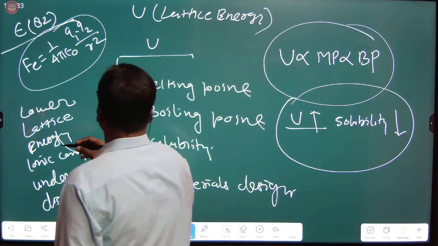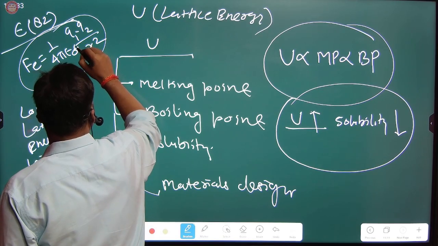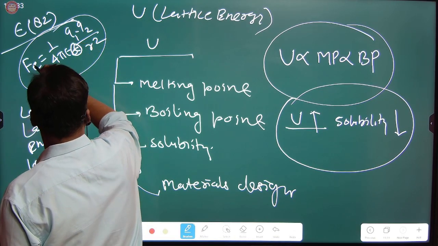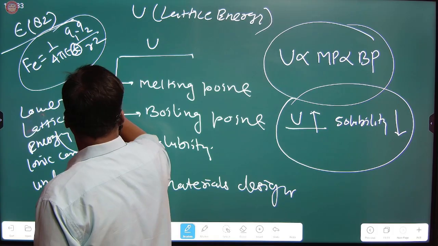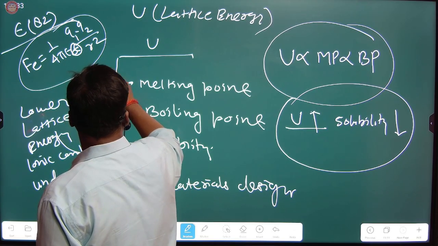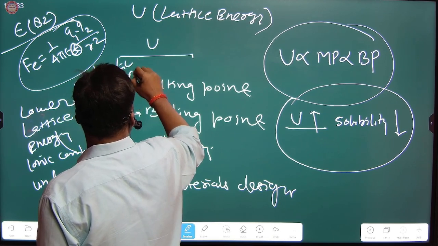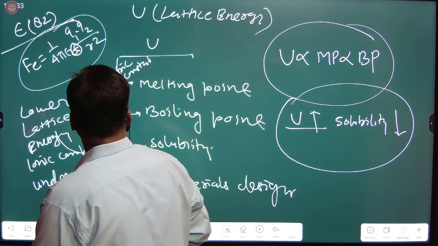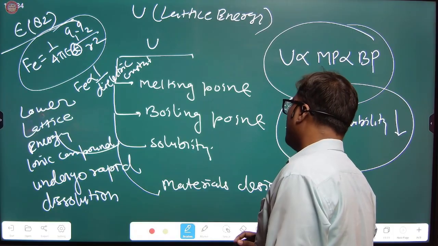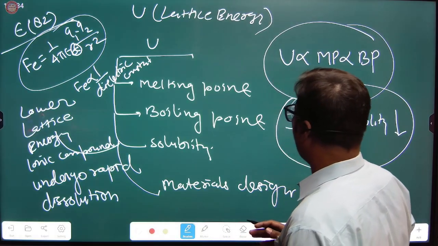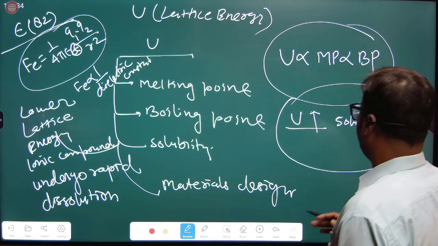So if epsilon is very high, it is inversely proportional to the electrostatic force. So the larger the dielectric constant of the solvent, the lower the force between the ions of the ionic compound. So it will be easily dissolved in the solvent.